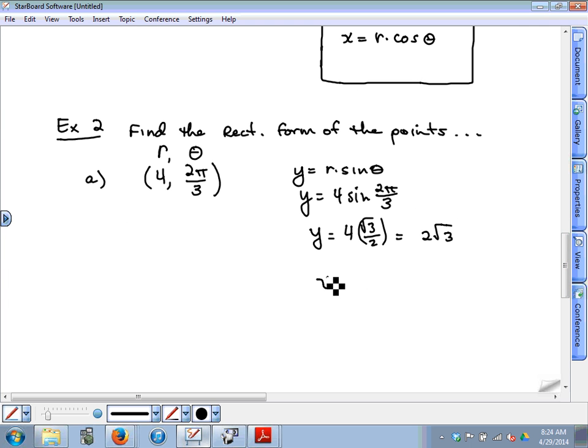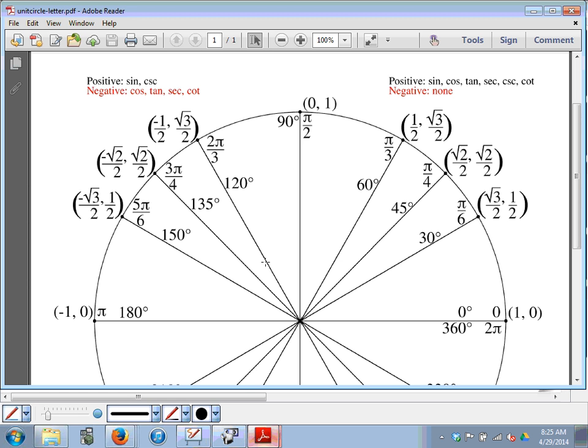So x is equal to r cosine theta. So that means x is equal to 4 times cosine of 2π/3. And then if you go back to the unit circle, at 2π/3, cosine is negative 1/2.